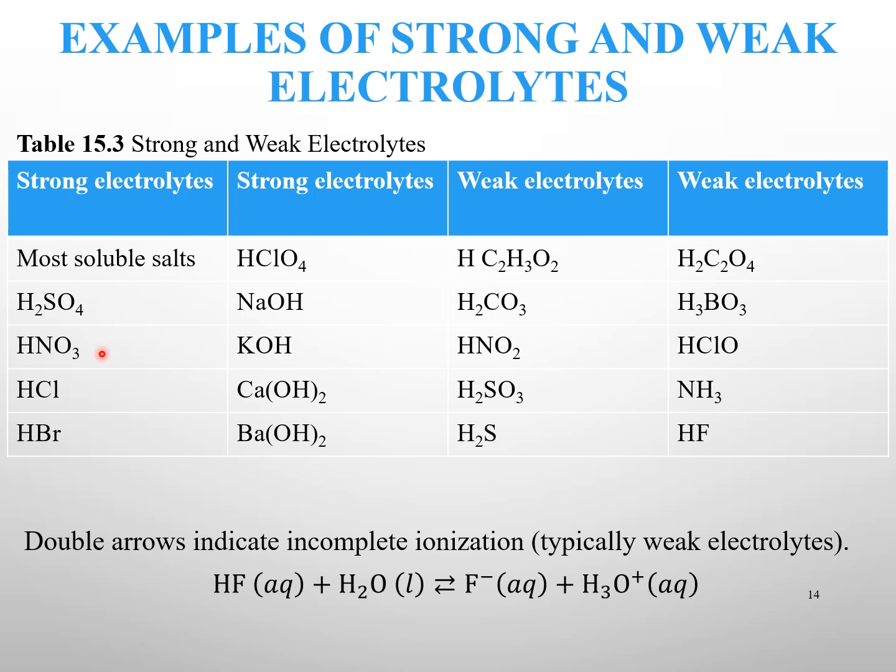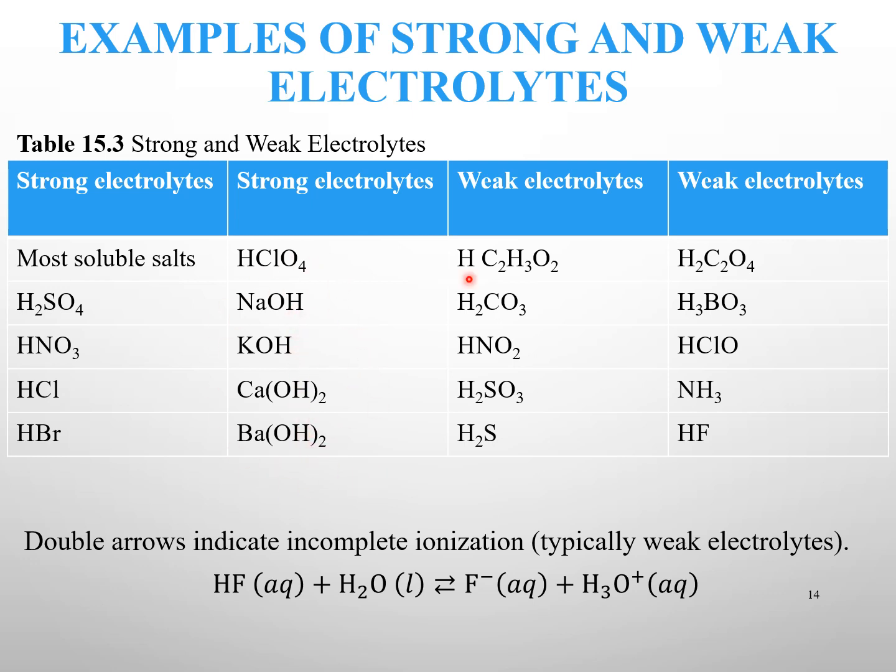Nitric acid is also a strong acid. Hydrochloric acid is a strong acid. Hydrobromic acid is a strong acid. And perchloric acid is also a strong acid. These are considered strong electrolytes. And when you look at bases, group 1 and group 2 hydroxide bases are strong electrolytes.